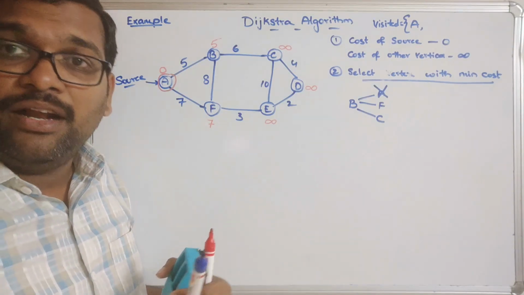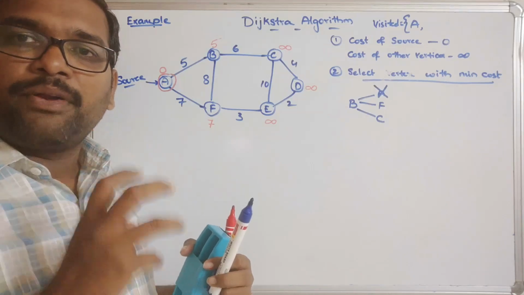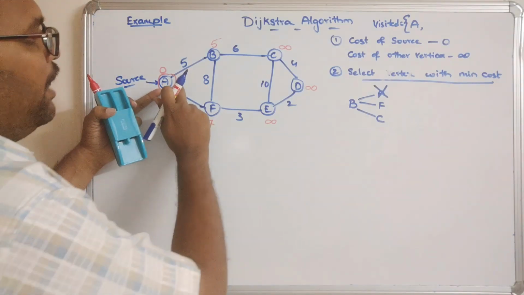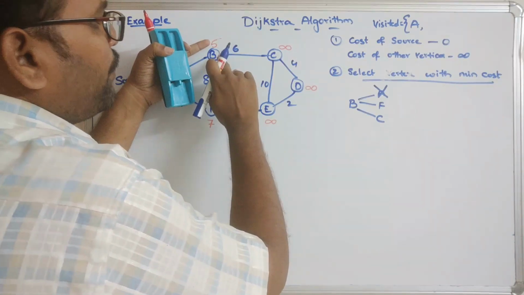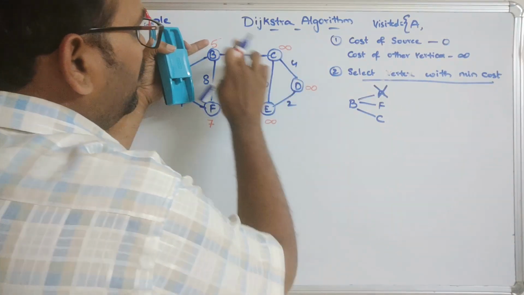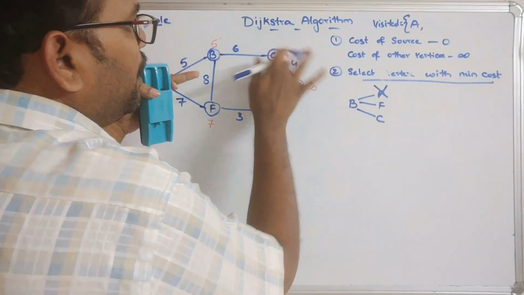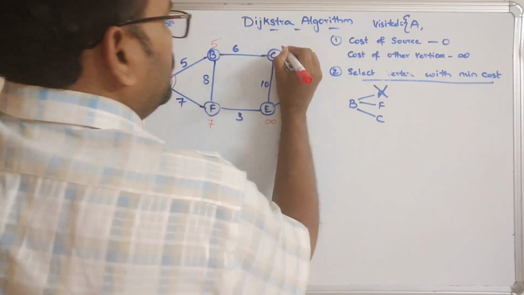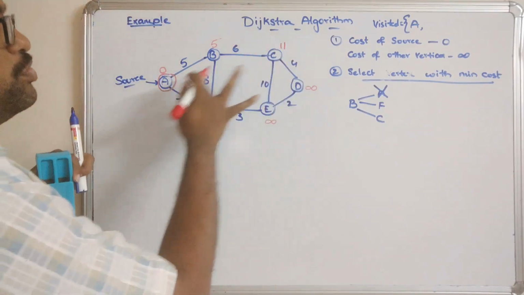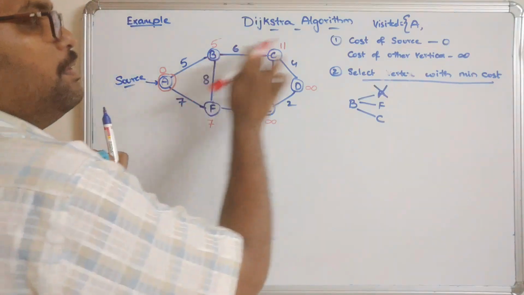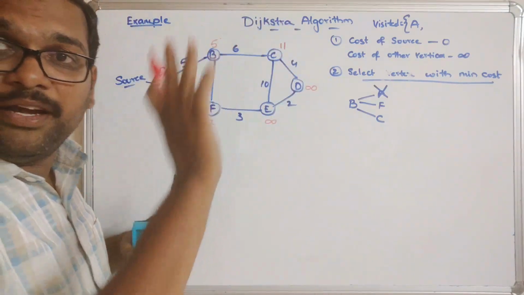We need to find the shortest path from the same source. From A to B it is 5, and from B to C, 5 plus 6, it will be 11. So the path from A to C via B is 11, and we have updated it.